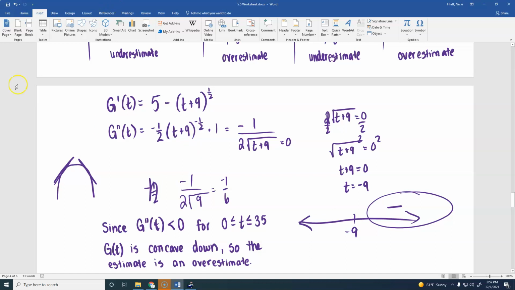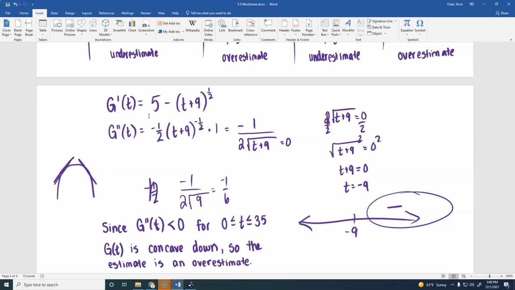Okay, so this, have we got the idea here? Concavity is related to whether or not your tangent would be above or below the graph, right? So we're okay with finding the second derivative and finding concavity. Okay, so you find the second derivative, you do a sign line, you tell whether or not it's positive or negative, and that tells you concavity.